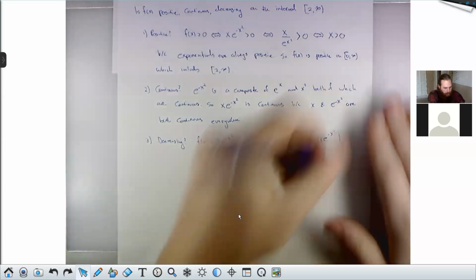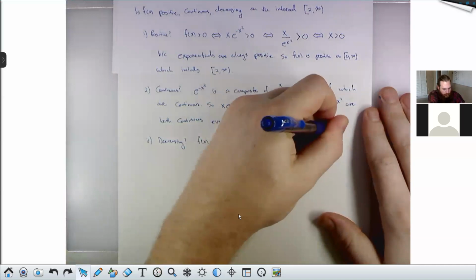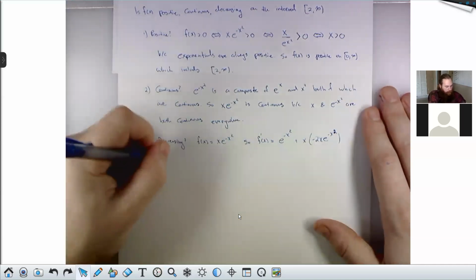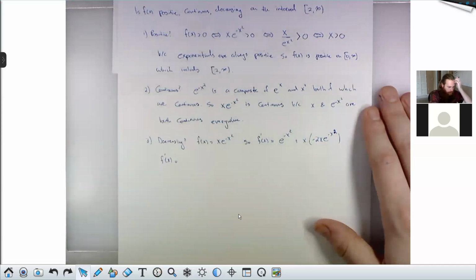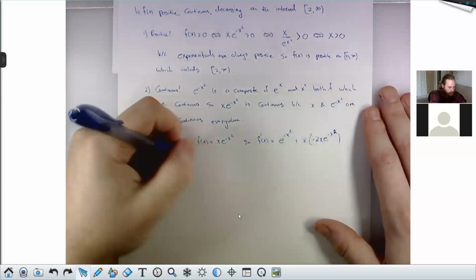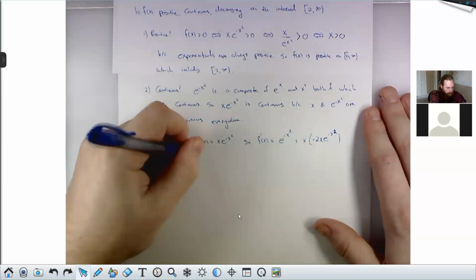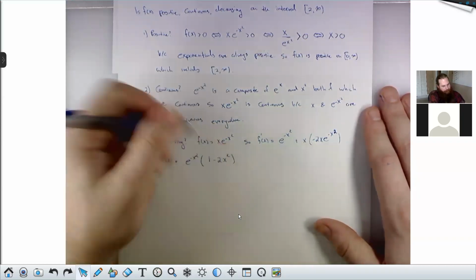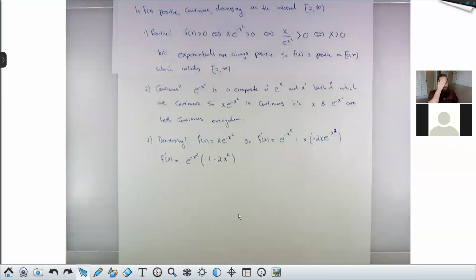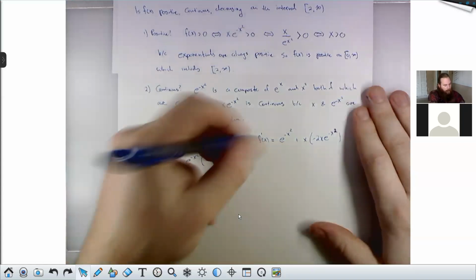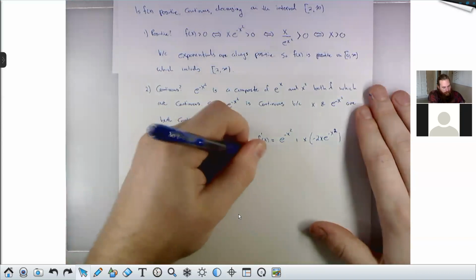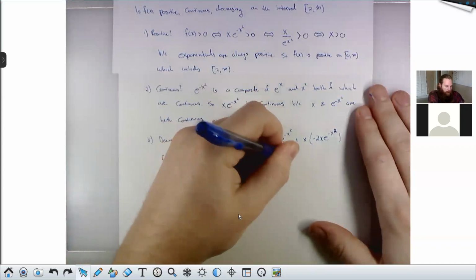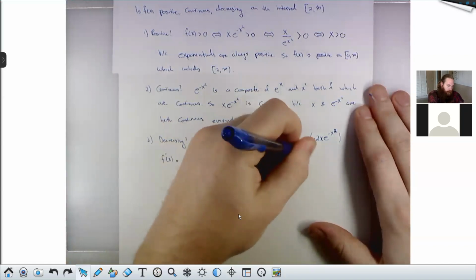So just using the product and chain rules there to get f prime. I can simplify this. f prime is therefore, I'll factor the e to the negative x squared out, and what I get is 1 minus 2x squared, which is e to the negative x squared times (1 minus root 2 x) times (1 plus root 2 x).